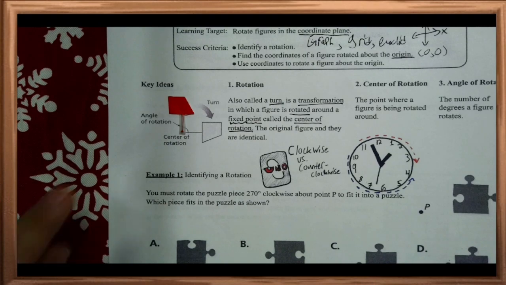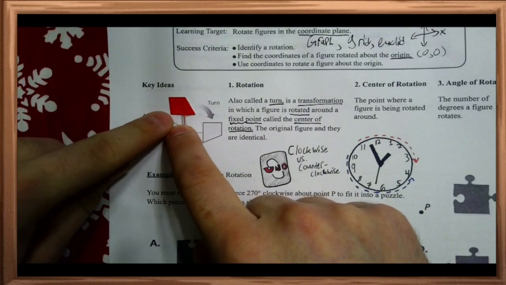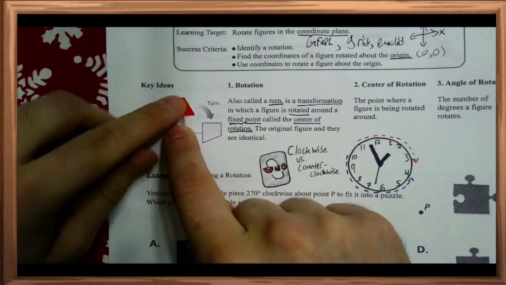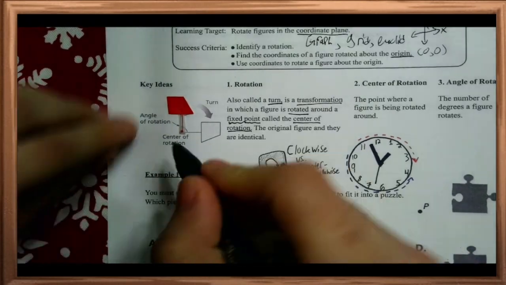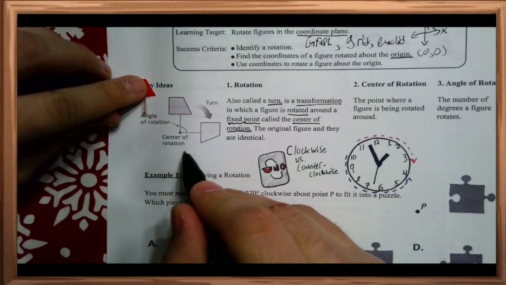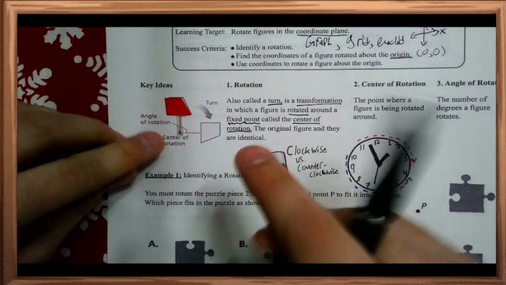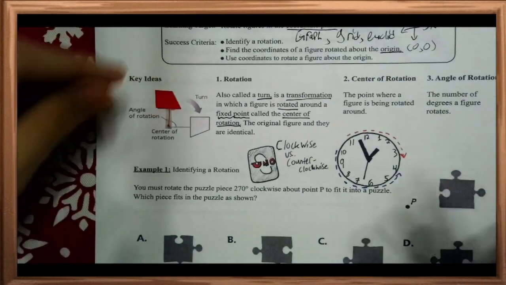Now, the shape that we have is kind of like a trapezoid, a four-sided shape. And when I rotate it, there's that center of rotation. You see that little dot right down here? It's called the center of rotation. It's the place where the figure will rotate from.